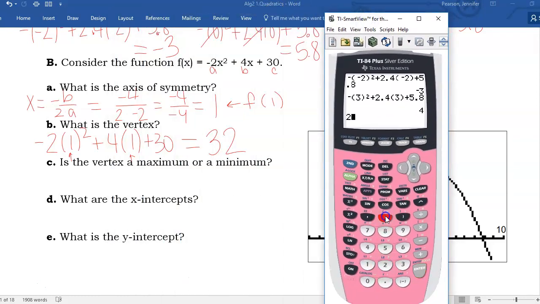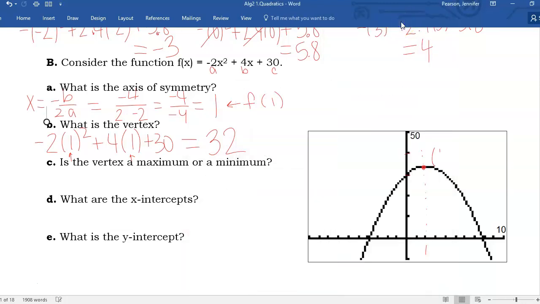Sometimes I don't trust myself, so I want to check that one on the calculator. Negative 2, 1 squared, plus 4 times 1, plus 30, 32. So I already knew that it was between 30 and 40, so I think that looks good. The vertex is at 1 and 32. I think my line's not super straight.